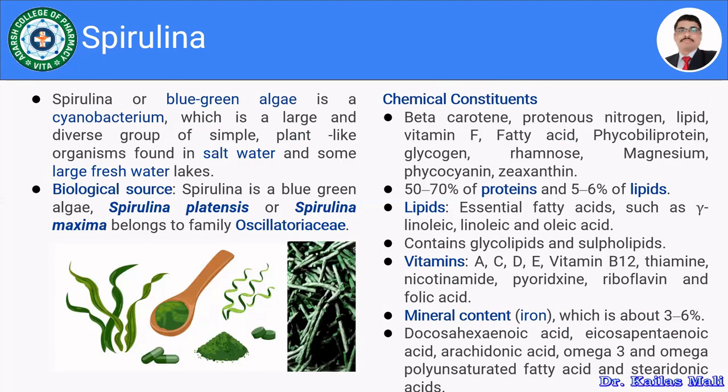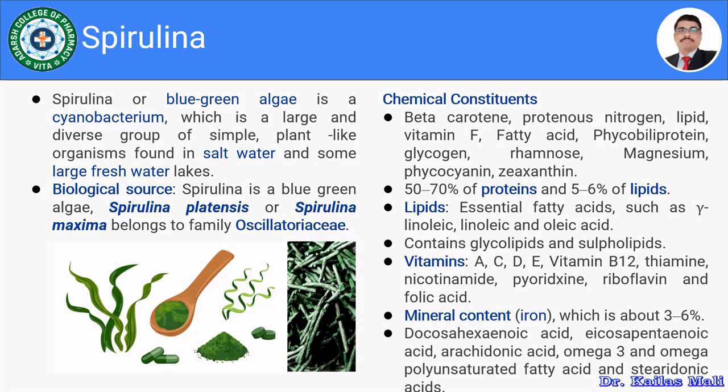If you look at the constituents present in spirulina, mainly minerals like iron, and vitamins like A, C, D, E, B12, F, thiamine, nicotinamide, pyridoxine, riboflavin, and folic acid, all these vitamins are present.